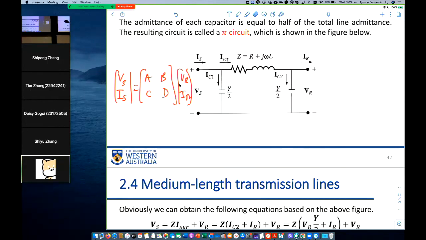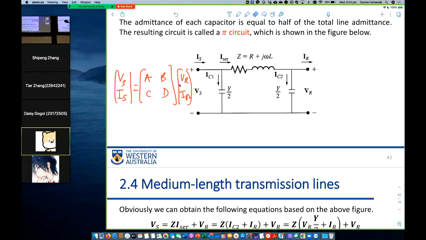So you still have that series impedance on the horizontal, you can see in the pi, R plus jX. X is omega L because it's an inductive line. And also you have two capacitors on either side of the line, one on the sending end and the other one on the receiving end, two shunt capacitors, right?